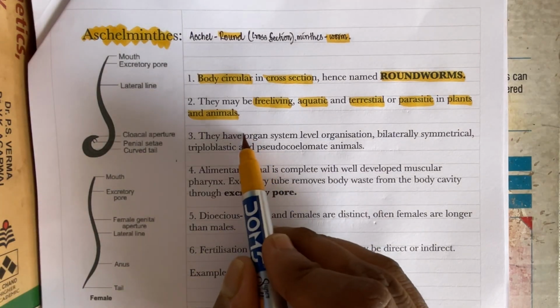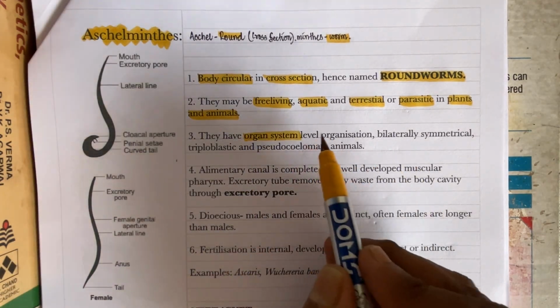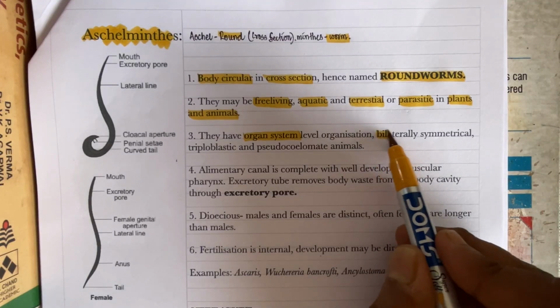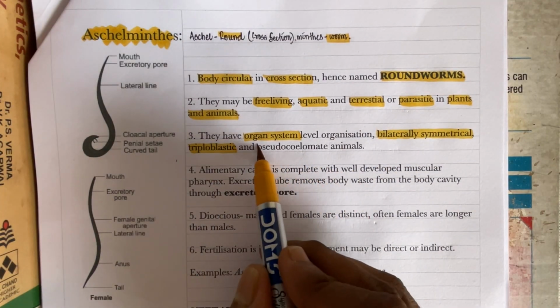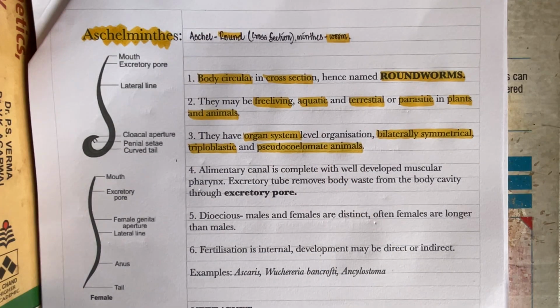What kind of level of organization do they have? They have organ system level organization. They are bilaterally symmetrical. They are triploblastic in nature. They are pseudocoelomate animals. In the previous case, when we were discussing the platyhelminths, it was acoelomate. Now in the case of Aschelminthes, they are pseudocoelomate.